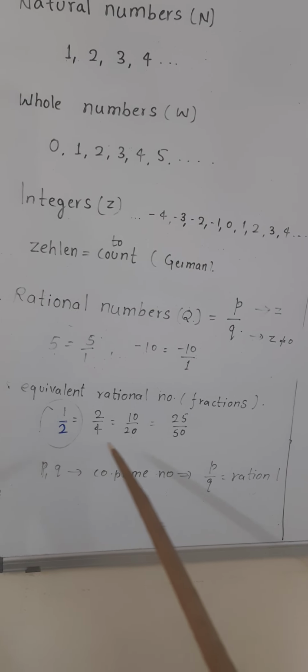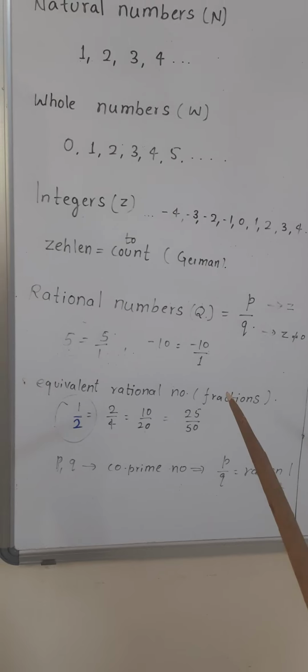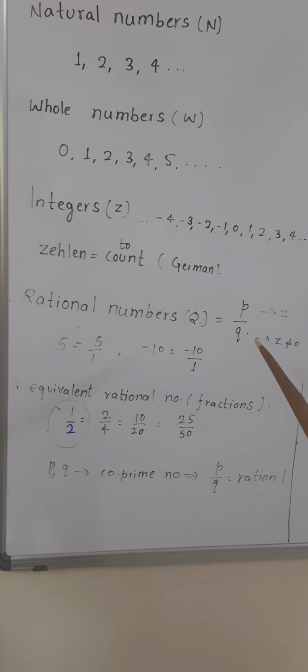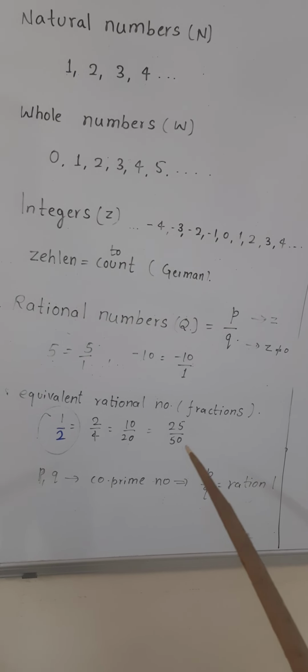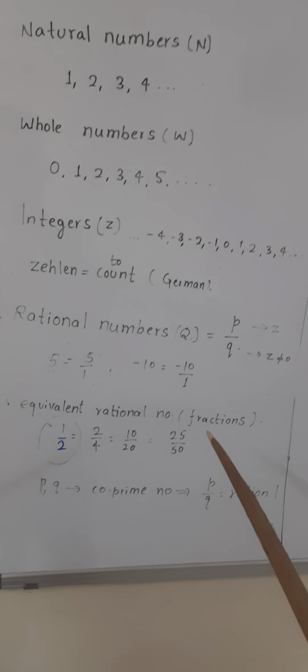All these are equivalent numbers, and all are also rational numbers because they are in the form of P by Q: numerator divided by denominator, the denominator is not 0, and both are integers.